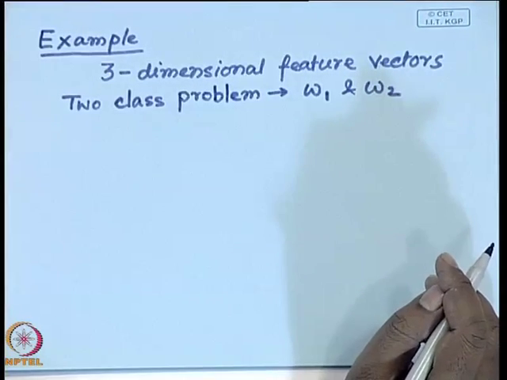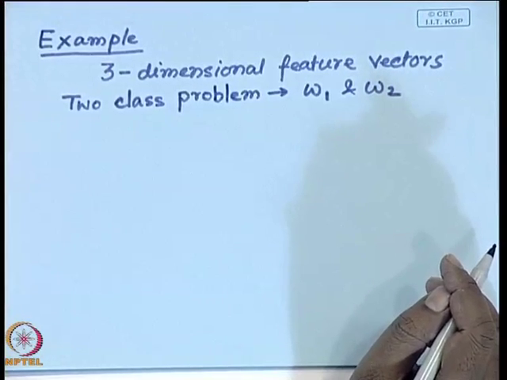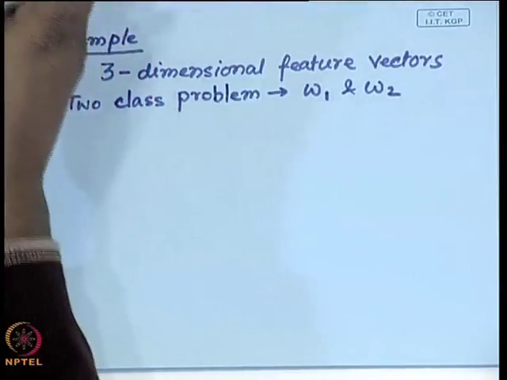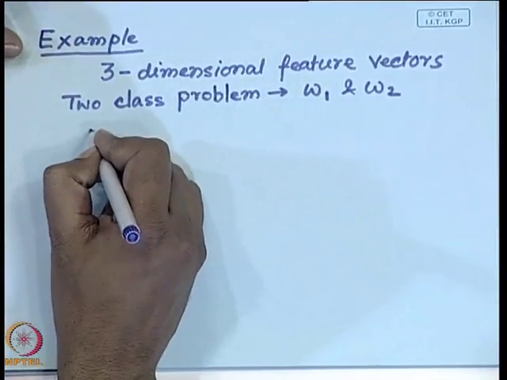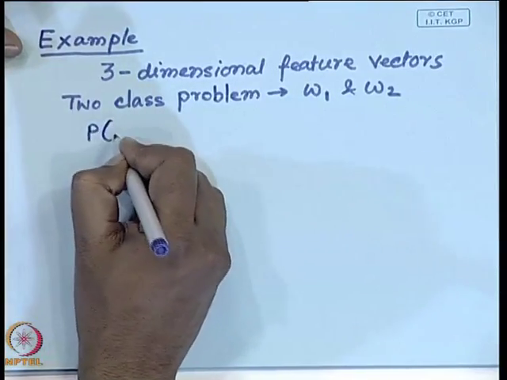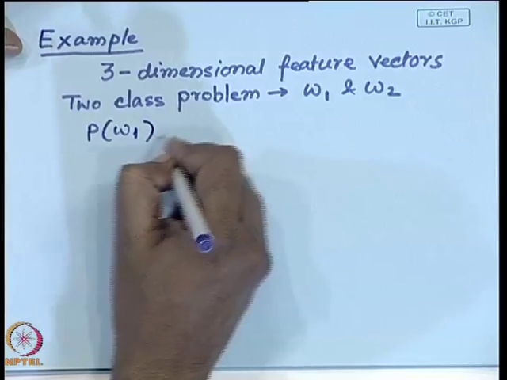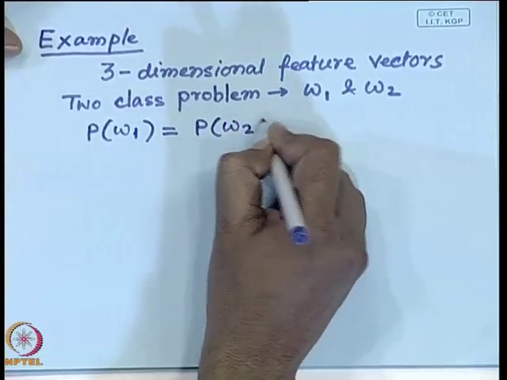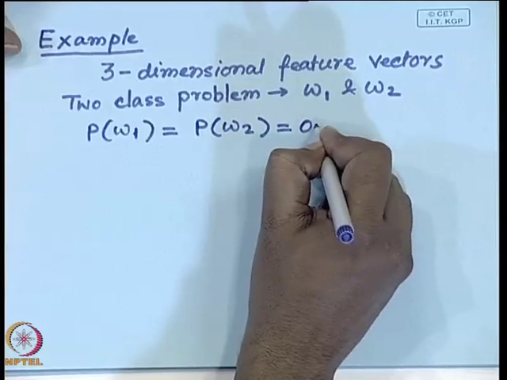So, these are the 2 classes I have, right, and every feature vector is a 3-dimensional feature vector, where every individual component can be either 0 or 1. Okay. And let us also assume that the a priori probabilities p of omega 1 is same as p of omega 2, which is equal to 0.5.